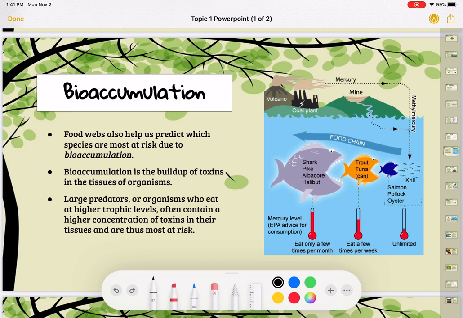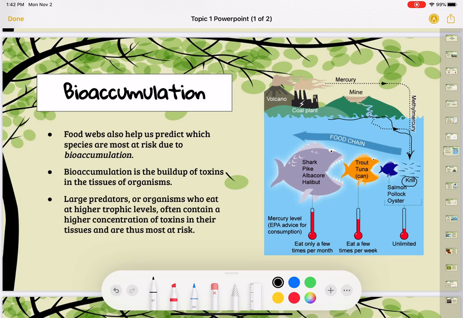So if this was the very bottom of the food chain, krill, and there's mercury in the water, that's why we have methyl mercury coming into the water from volcanoes and coal plants. So it's going into the water. The krill might get some of those toxins in their body.